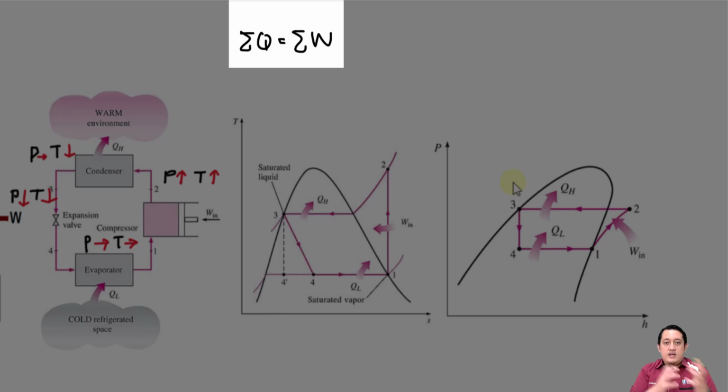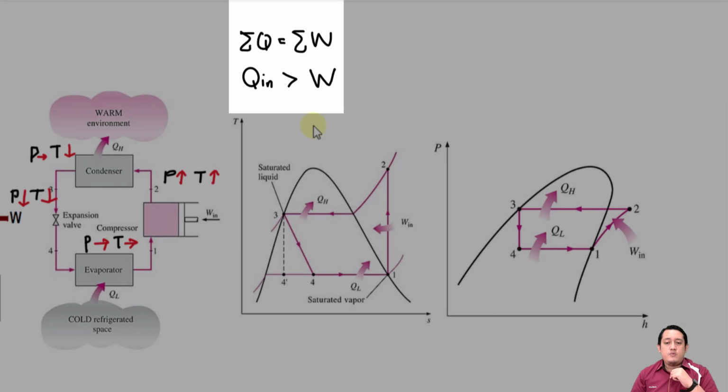This is the relation, and we also learned in the second law of thermodynamics that Q in must be larger than work. So it might seem a little bit contradictory, but it is actually the same thing. Let me explain why.